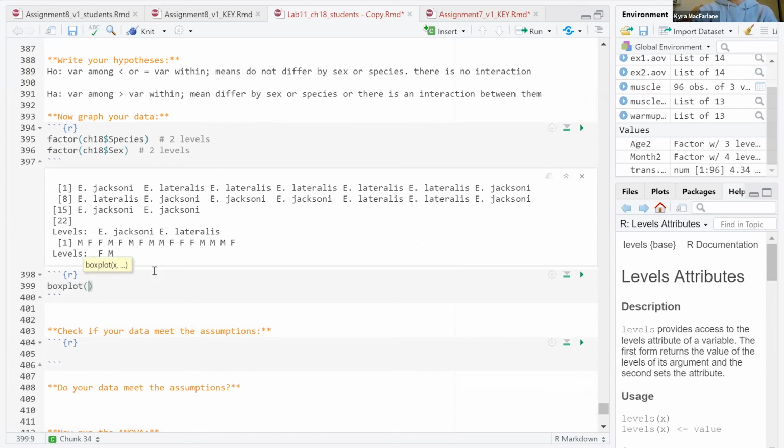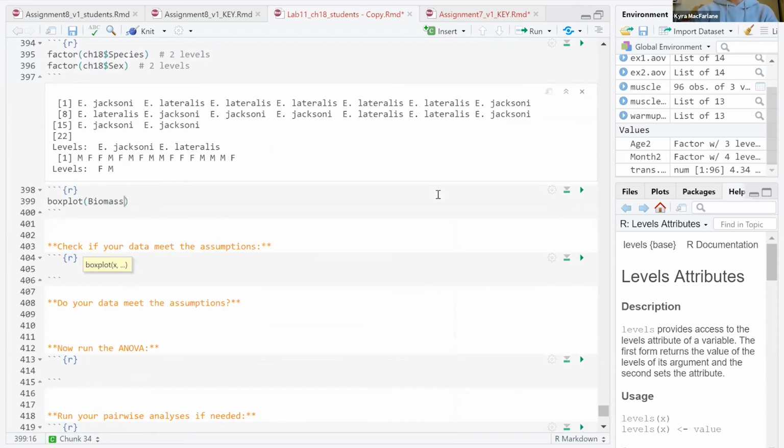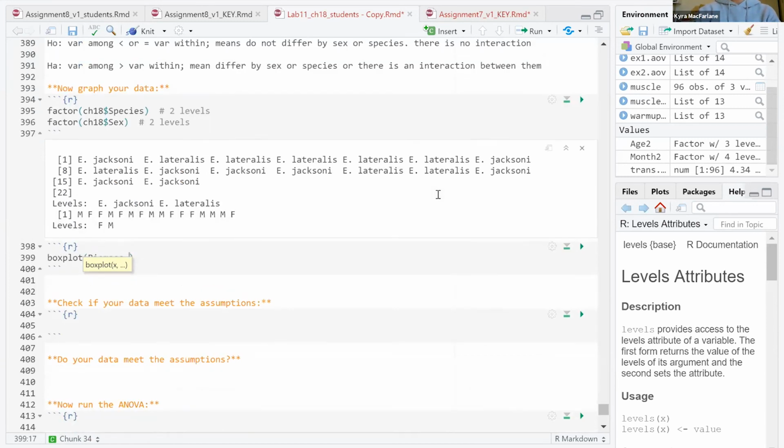So box plot, biomass. How is that spelled? Is it capitalized for both? No, just biomass. Okay. Let's do species on the x-axis, and sex will be colored. So sex by species, because the colored one comes first, x-axis one comes second.